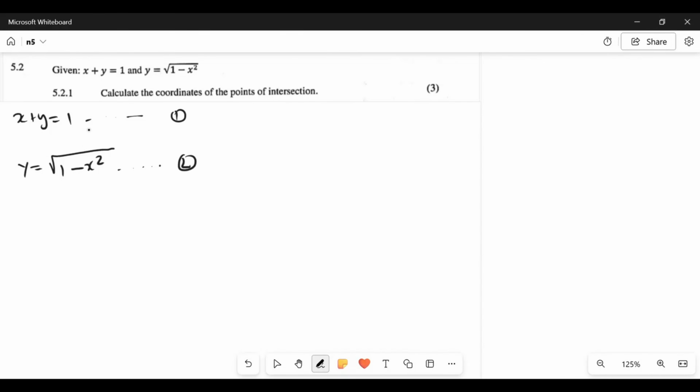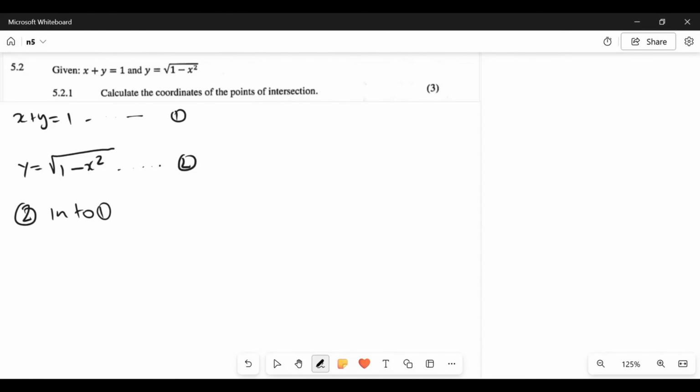So in order for us to find the coordinates, we need to use simultaneous equations, and then we just substitute. Now look at equation 2, y is already equal to something, so we can substitute equation 2 into 1.